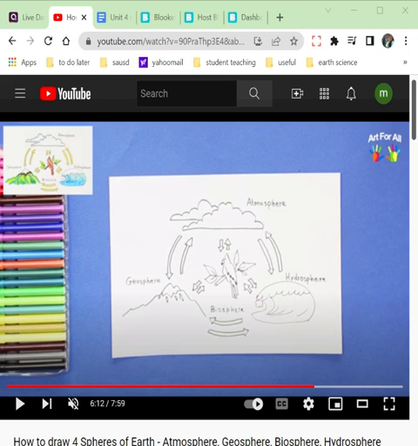So let's see. I'll give you an example of how the water hydrosphere interacts with the atmosphere. So the water evaporating into the air, right? And it becomes water vapor in the air, right? So that's what this arrow shows.